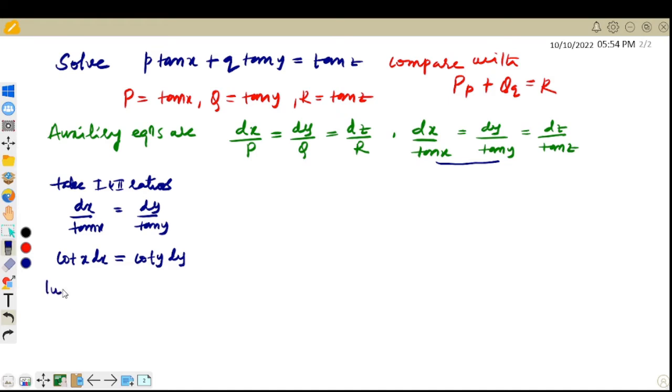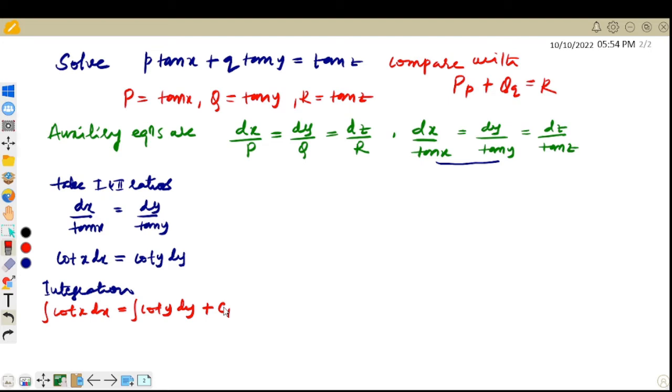Now on integration, integrate this. On integration, what will we get? Integration of cot x into dx is equal to integration of cot y into dy plus constant of integration, that is c1.